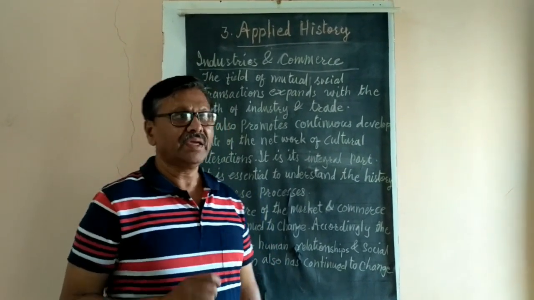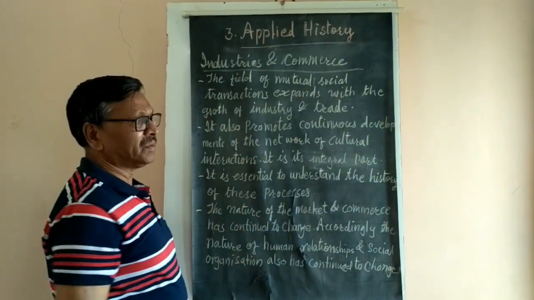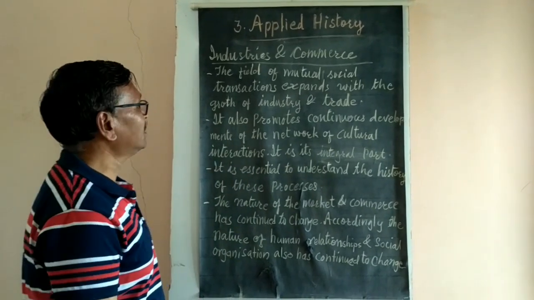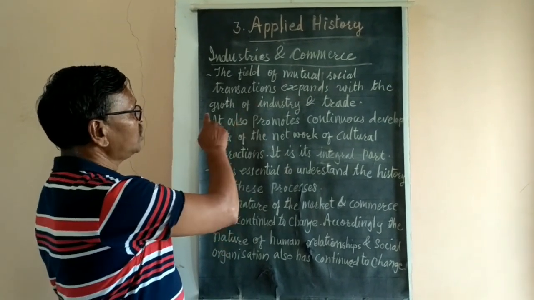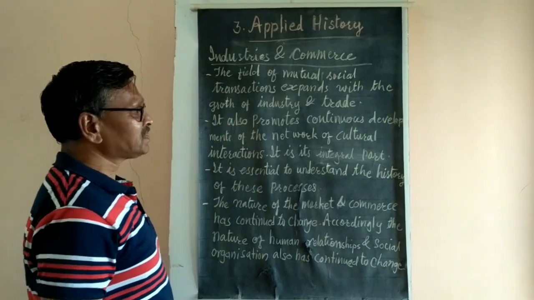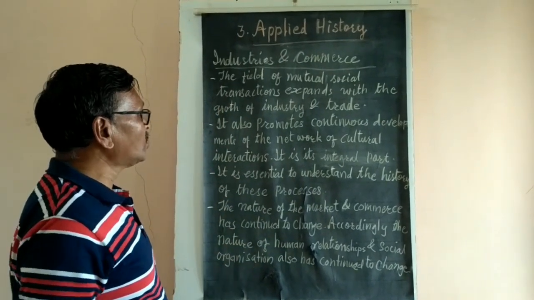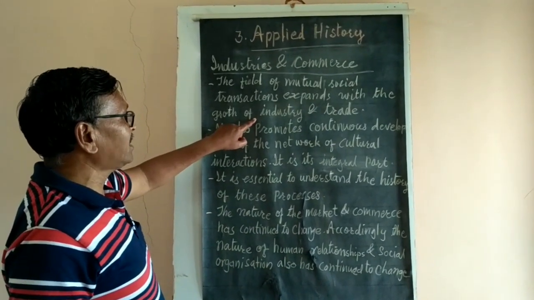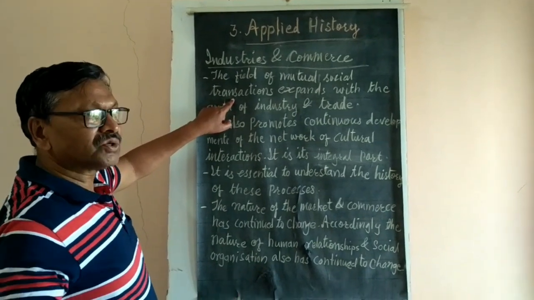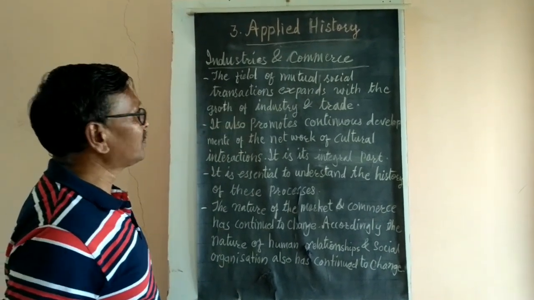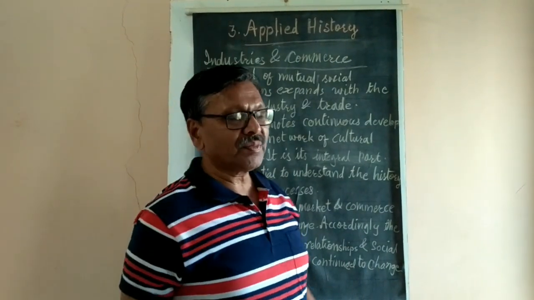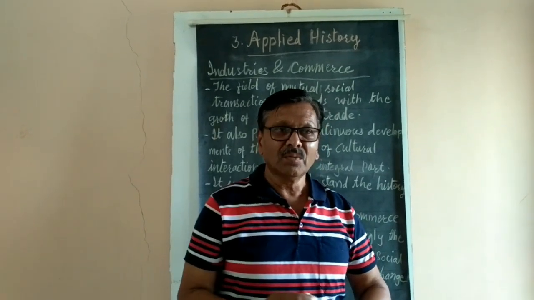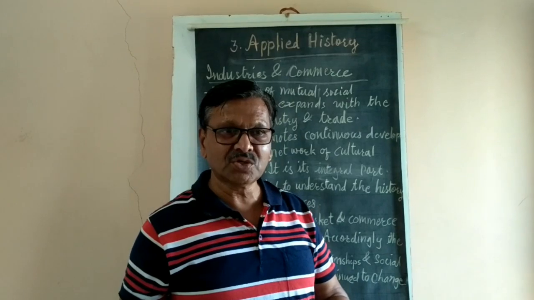The next field is industries and commerce, which deals with economy, money matters. Here, the field of mutual social transaction expands with the growth of industries and trade. As industries and trade increase, social transaction also goes on increasing. For example, earlier we had a barter system, a give and take, goods versus goods.